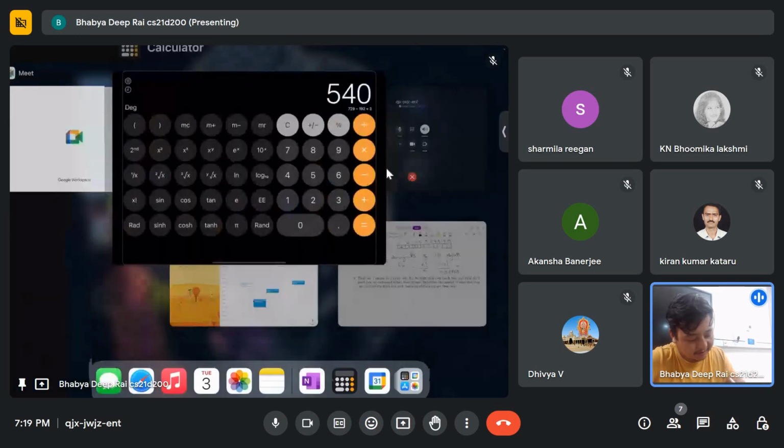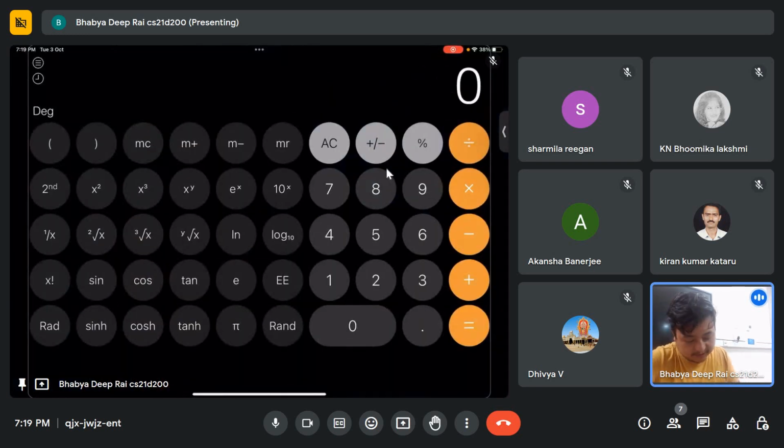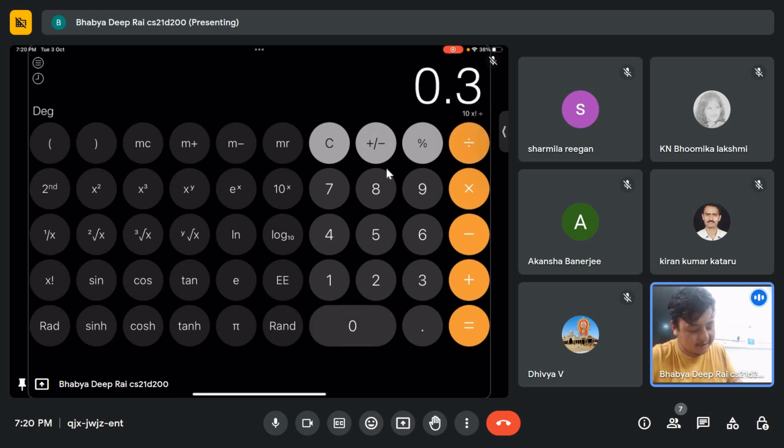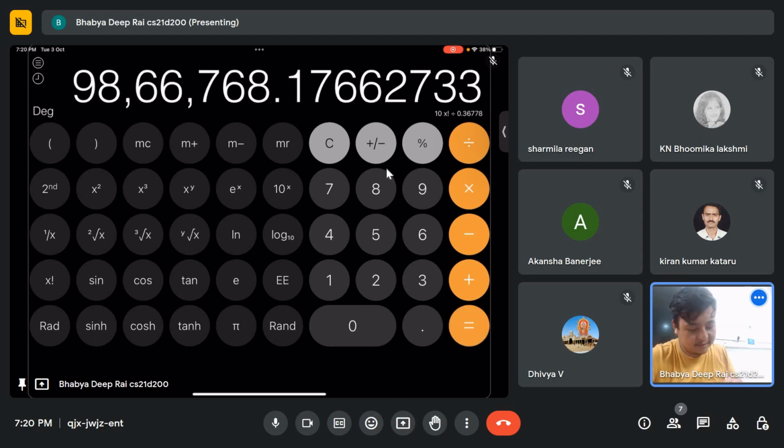Let's use the calculator. Is there a factorial? I don't think there is a factorial function. Oh, there is. Good. 10 factorial, a rather large number, divided by 0.36788.